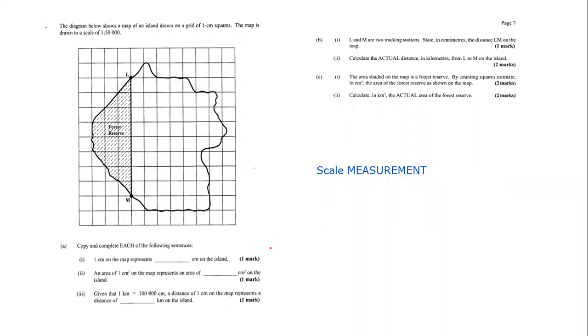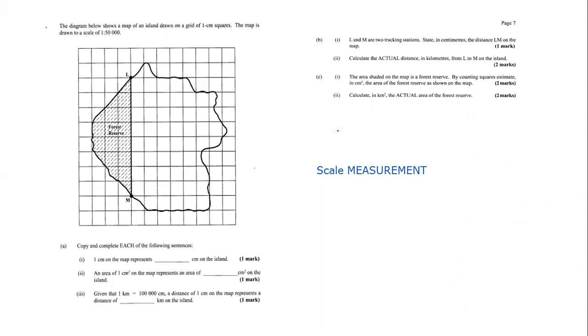Okay, let's go. Go ahead, miss. The map is drawn to a scale of 1 to 50,000. So look, everybody. In other words, every 1 centimeter you measure on this map is 50,000 centimeters, right?